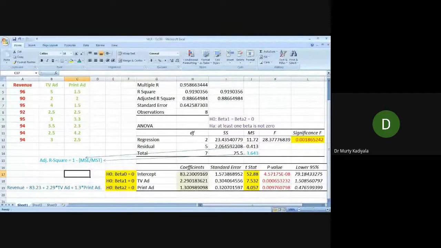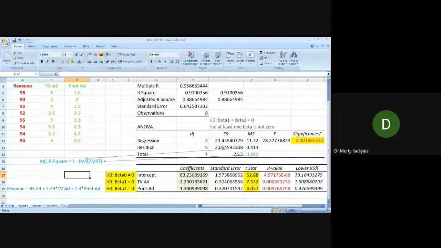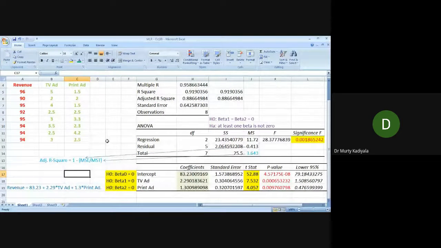Is this the one which we have done last week? Are you able to see the file? Yes, sir. Very good. Let me repeat this. Copy this sheet. I will delete all this.